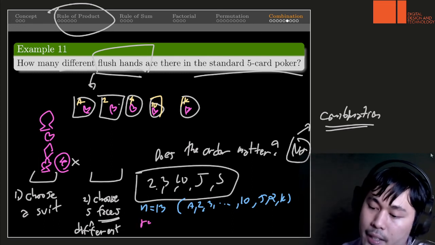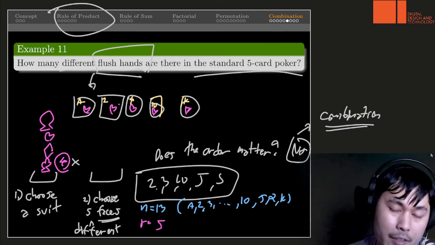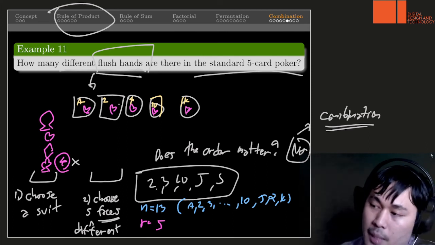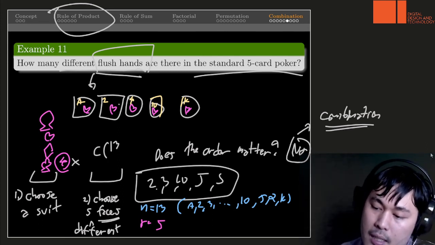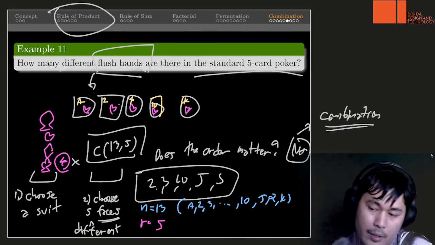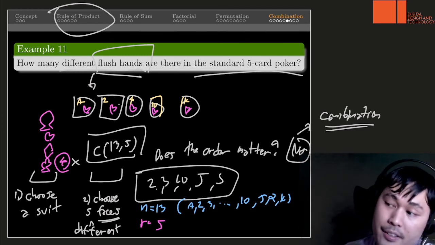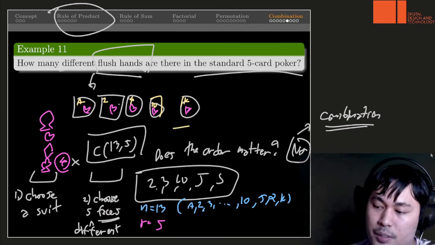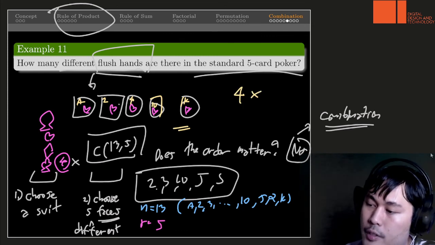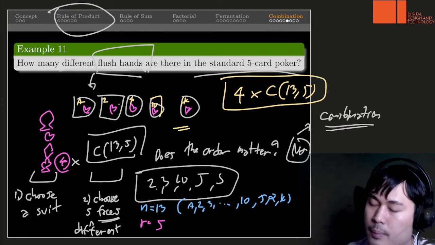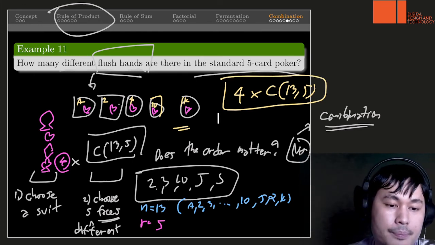And r is 5. We need 5 different cards. So in step 2, the number of ways is C(13, 5). This is where we use a combination. And the answer is simply the product of these 2. So it is 4 times C(13, 5). That's the answer.